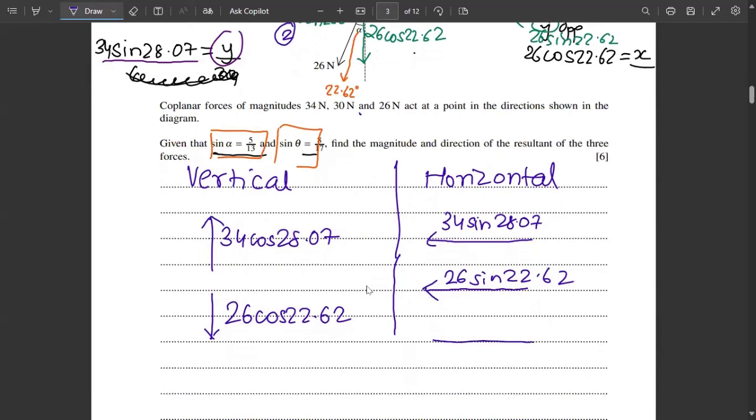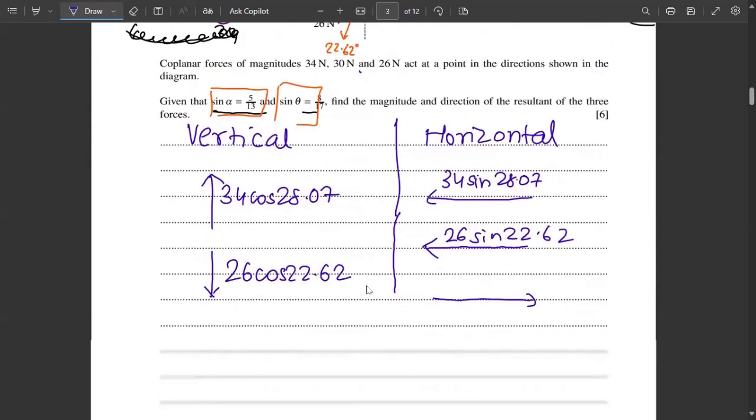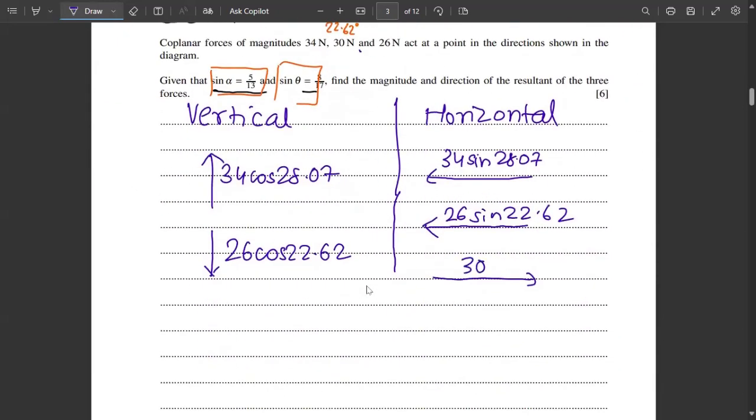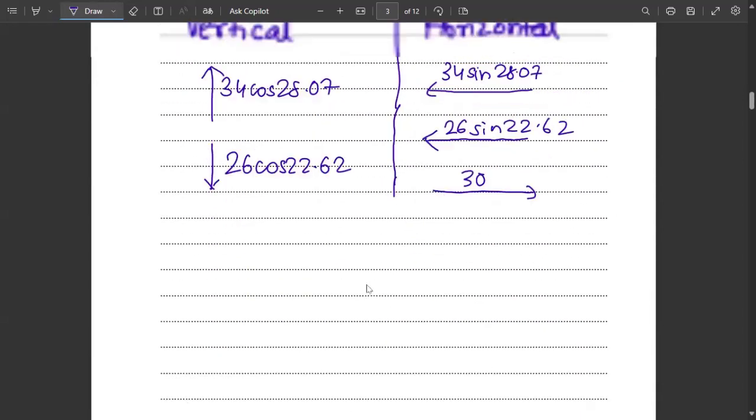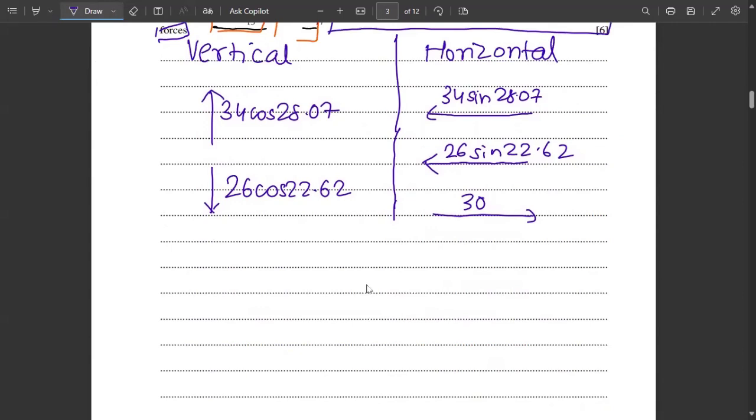And the force on the right is 30 Newton. So now we have to find the magnitude and direction of the resultant of the three forces. So what we will do is we'll find the resultant vertical force.